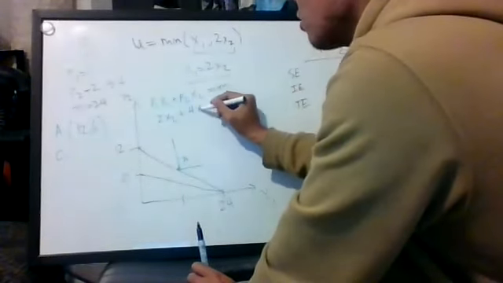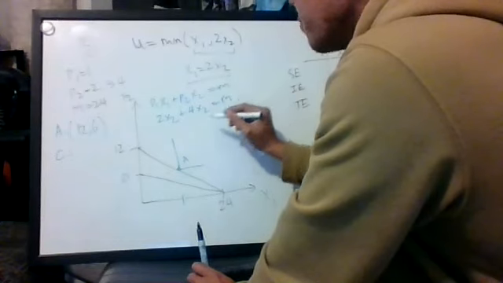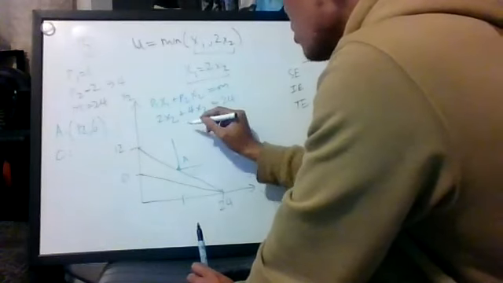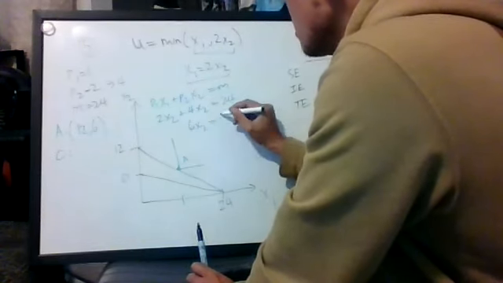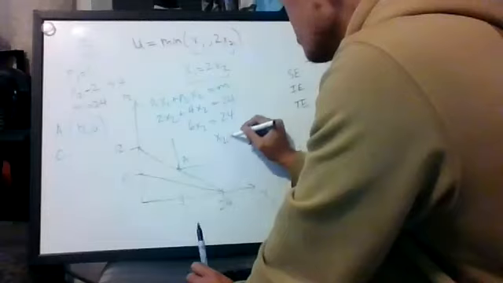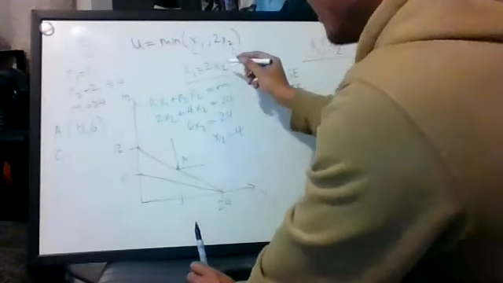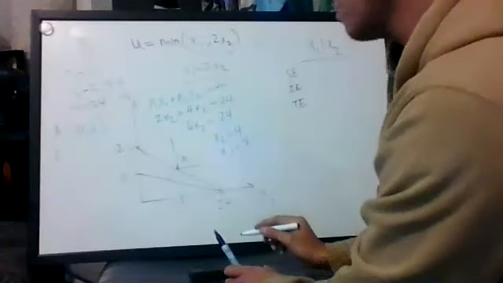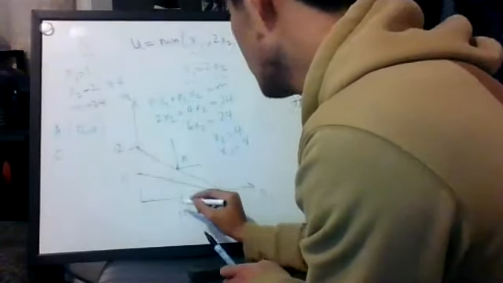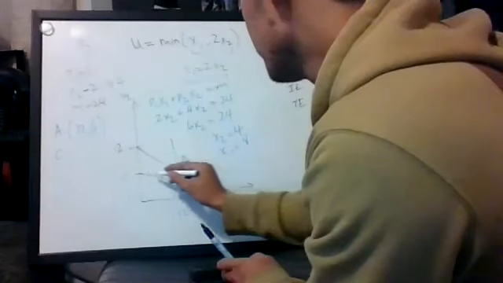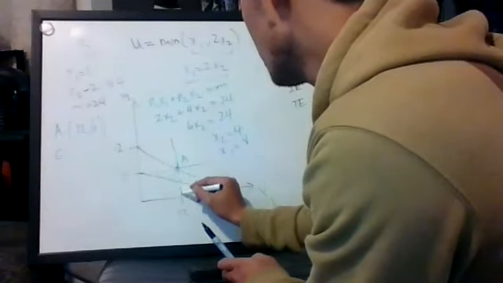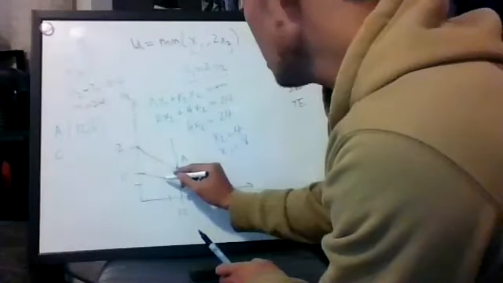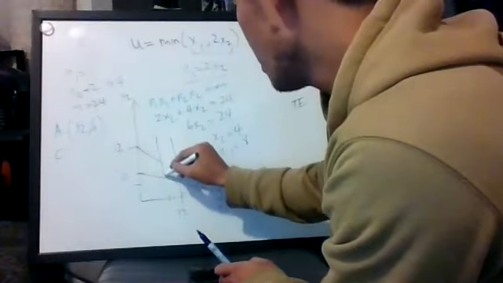So we have 4x2 plus 2x2, which equals m, which we know is already 24. So we have 6x2 is 24, which means that x2 is equal to 4, and when x2 is equal to 4, that means that x1 is equal to 8, right? So this was 12, 6, and this is now going to be 8, 4, which will be right here.